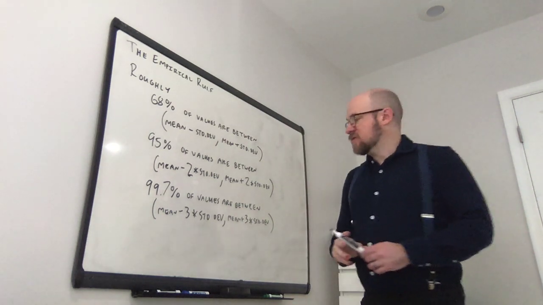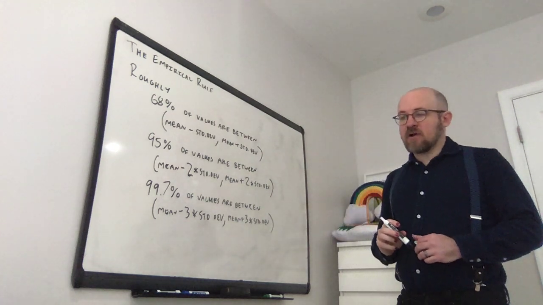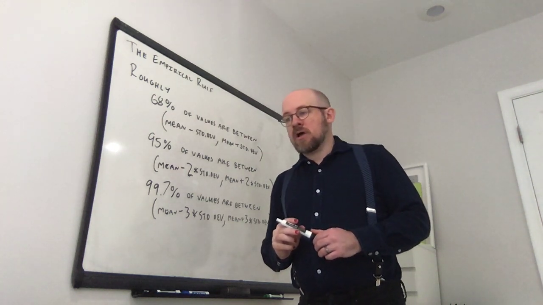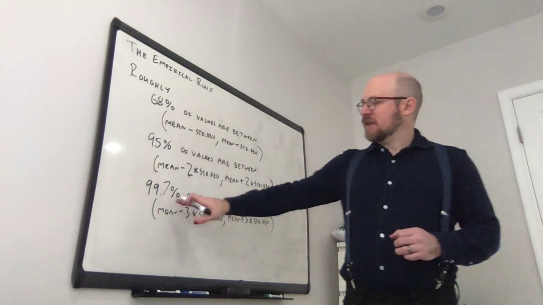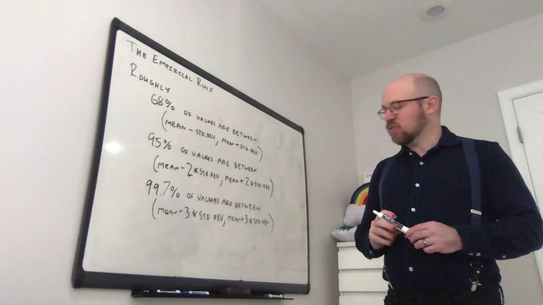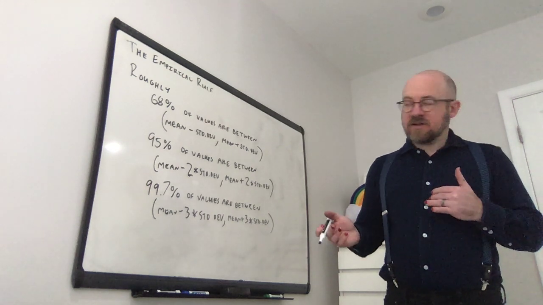Again, that comes from the z-scores for 3 and -3, which aren't on our sheet actually, but you can find that 99.7% of the values are between the mean minus 3 standard deviations and the mean plus 3 standard deviations.